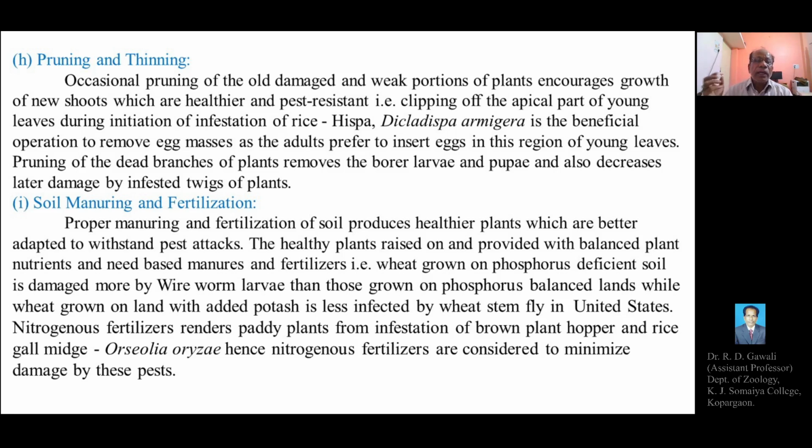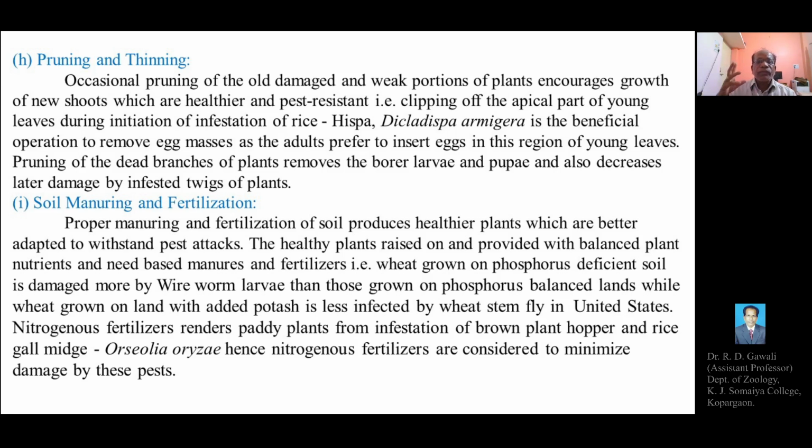Nitrogenous fertilizers protect paddy plants from infestation of the brown plant hopper and rice gall midge. These are the two different pests of the paddy crop, and with the addition of nitrogenous fertilizer in the paddy fields, we can prevent the attack or infestation of these two rice pests, the brown plant hopper and the rice gall midge.